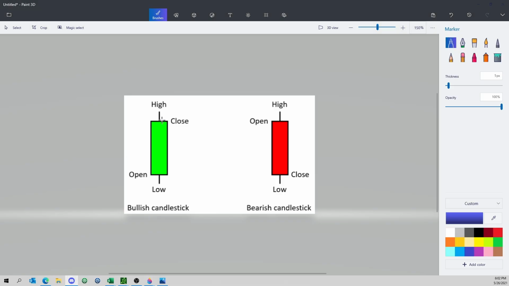On a bullish candle, a green candle like this, it opens. This is where, no matter the time frame, the opening is. And when this candle closes, it's at the top. So this candle opened at this level and dipped down here.